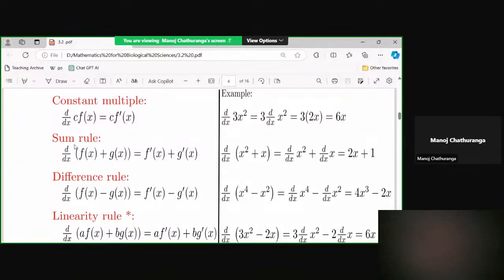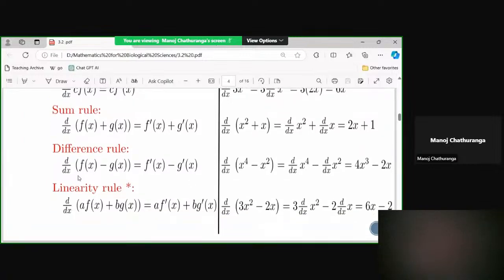Then the sum rule. If you have a sum of two functions and want to find the derivative, then differentiate the functions separately and add later. Right? x squared plus x. Differentiate x squared and differentiate x, add the results.